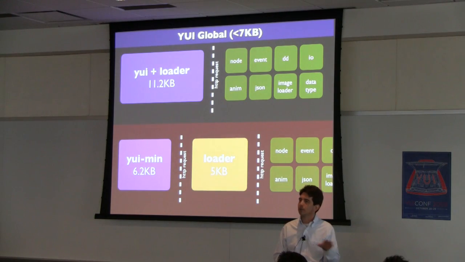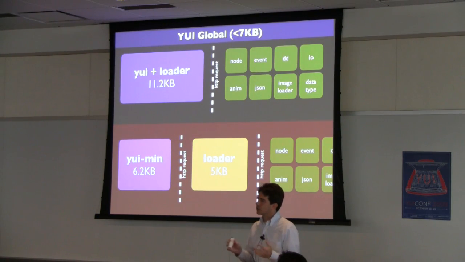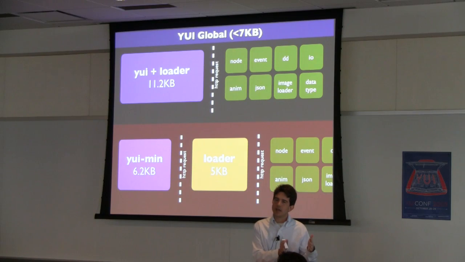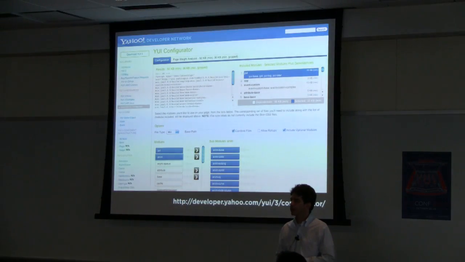And then it can bring in, with the second HTTP request, any combination of modules that you need. So there's really 2 seed files, and it's a question of whether you're really sensitive to that initial payload or whether you're more sensitive to that extra HTTP request later in the life cycle. I said there's 3 ways to put this on the page.